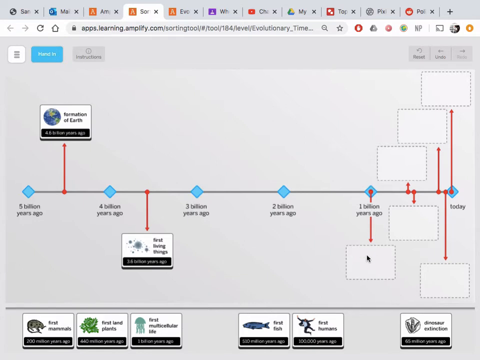Next one, around 1 billion years in the past. First multicellular life, so cells started working together, and the advantage to that is that they're bigger, and another advantage is that, let's say you have two cells working together.